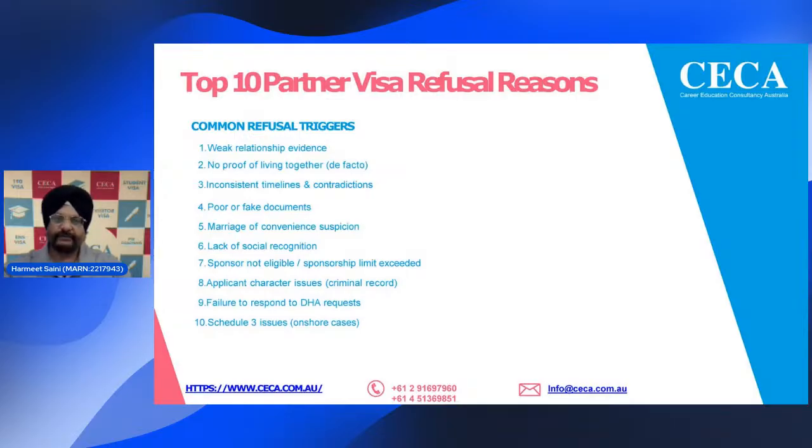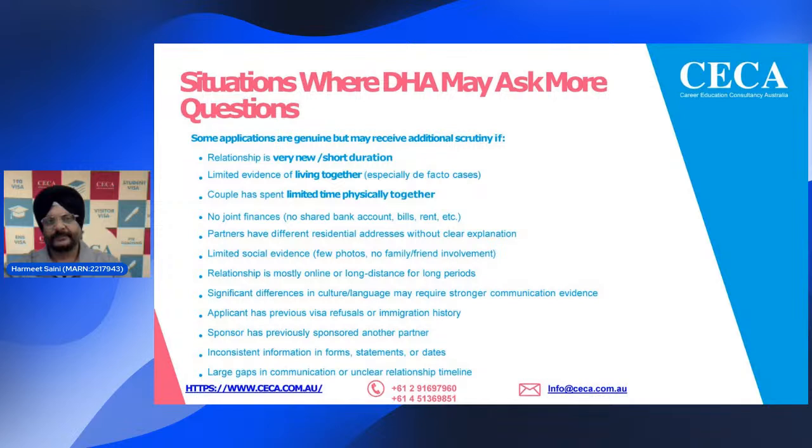And you have to be very, very careful when lodging a submission and evidentiary documents to support your relationship. They must be genuine, of course, with proper documentation. And the department, under section 56, may ask for more information if they are not satisfied with what you shared with them.